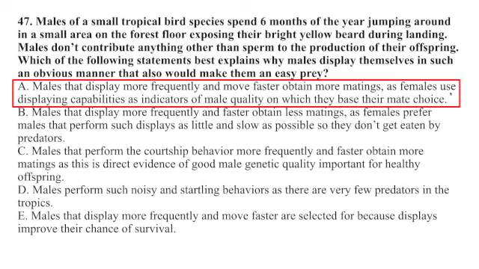B is incorrect because males that display more frequently and faster tend to obtain more, not less, matings. C is incorrect because a male's appearance is an indirect evidence of good male genetic quality, important for healthy offspring. D is incorrect because the tropical biome is the species' richest place on Earth.